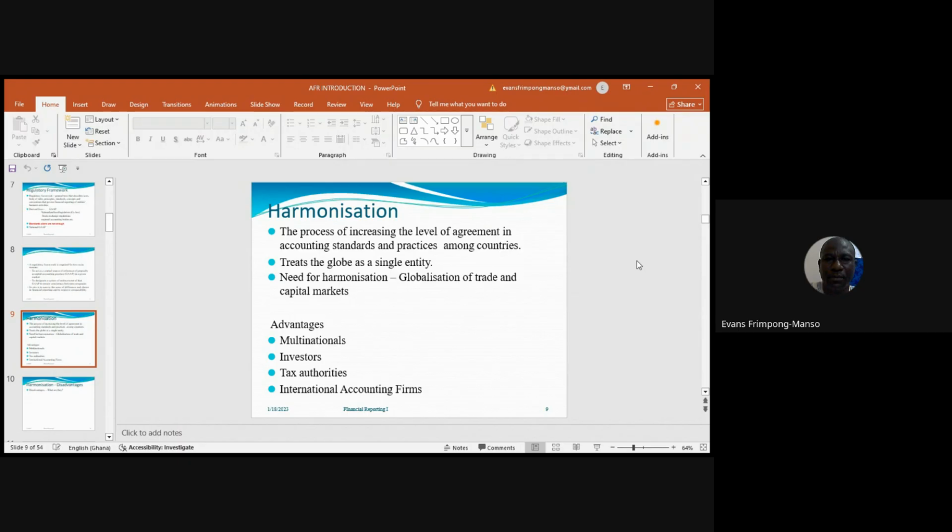So some of the advantages of harmonization is that multinationals, when I say multinationals, that is big companies from different countries, can go to other countries to transact business. So multinationals can go outside their country and invest. Other investors can also send their money. If you are in the US, you can bring your money to invest in Ghana. Why?